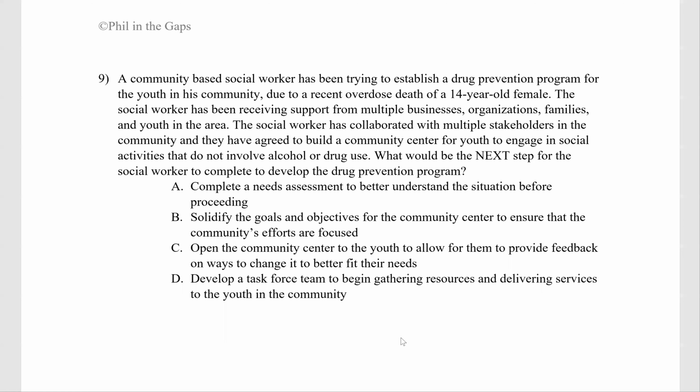The majority think it is B. Second place is A. Third place is D. Fourth place is C. Let's look at it.